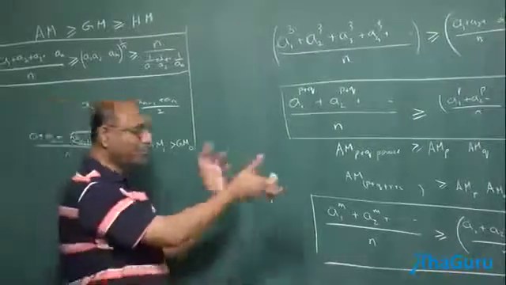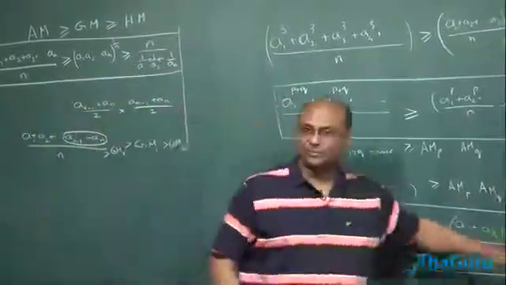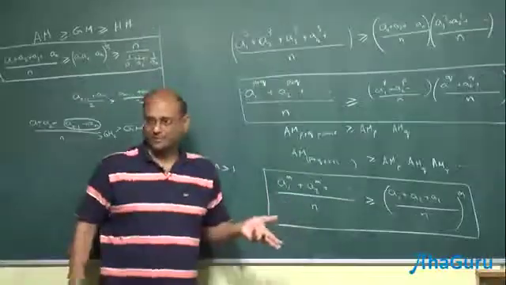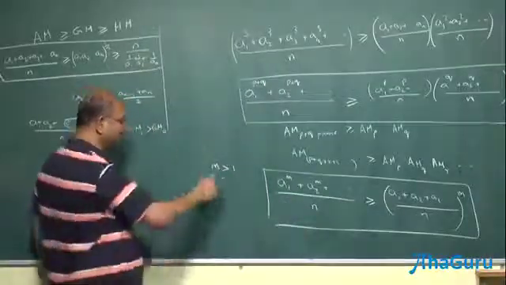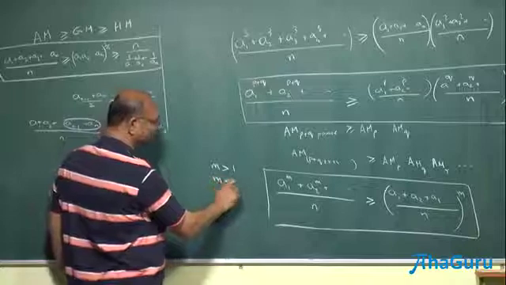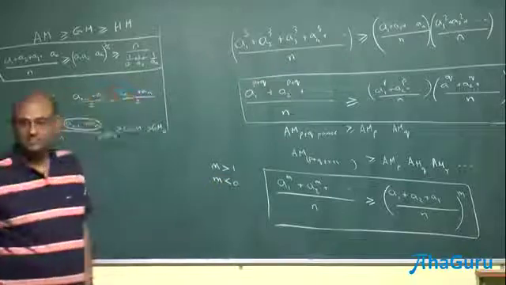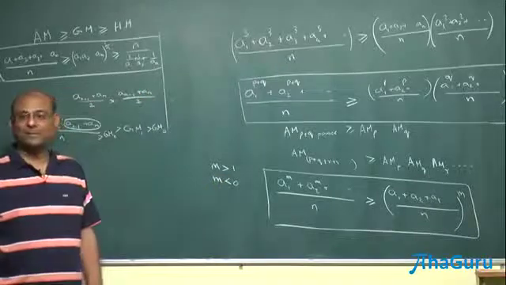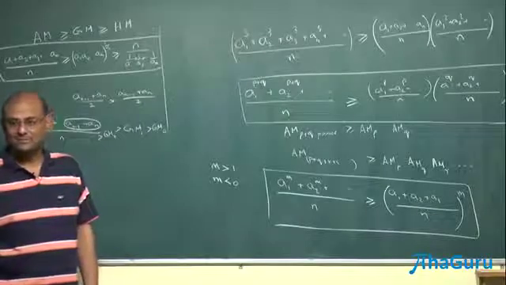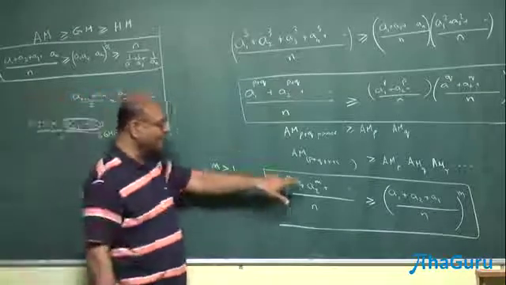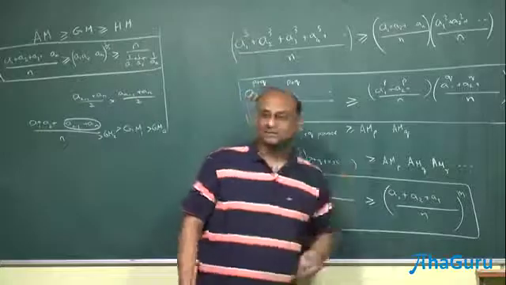Then by doing some other tricks, where you can make this 1 by a and so on, because 1 by a is also a positive number, you can show that this will also be true when m is less than 0. But it is not true when m is between 0 and 1. When m is between 0 and 1, this sign will reverse.